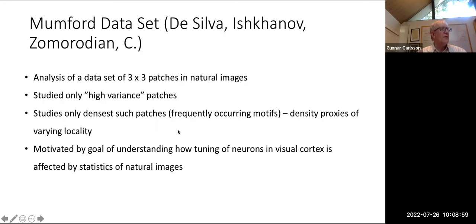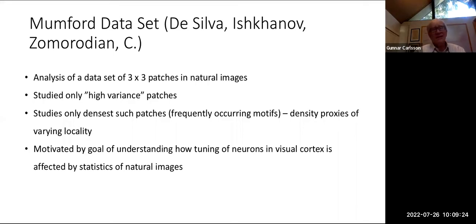Here's a description of some work that we did quite some time ago, some 15 years ago. It was an analysis of a data set of 3x3 image patches in black and white natural images. We studied only the high variance patches, that is to say, the ones for which there's some significant change within the patch.